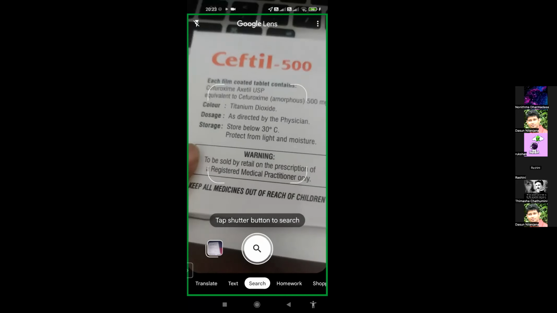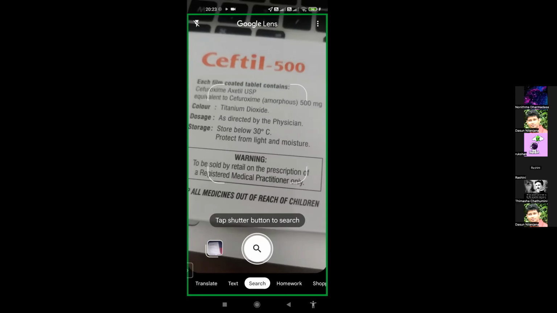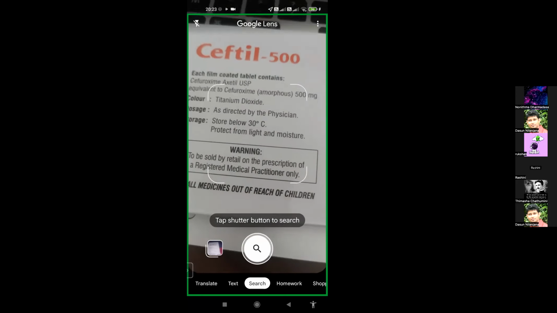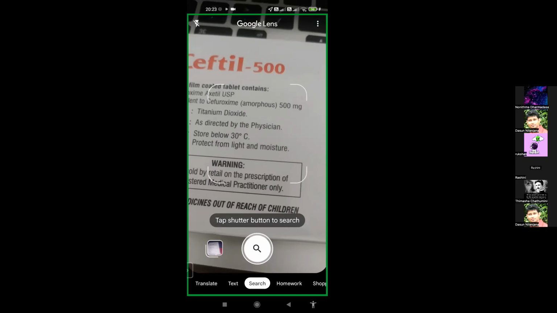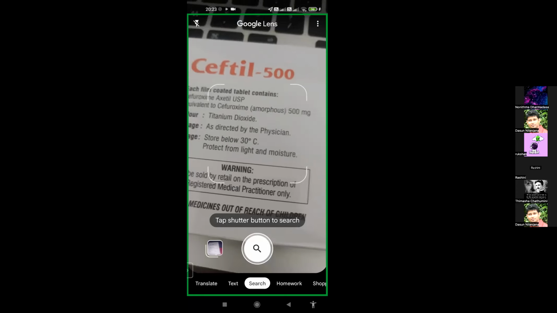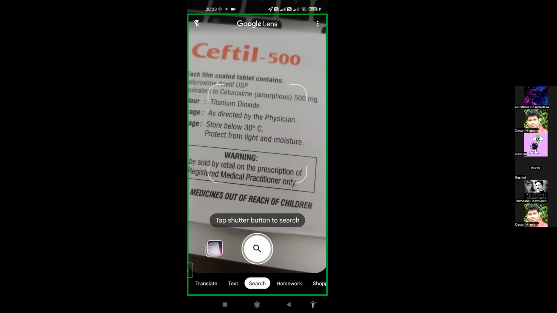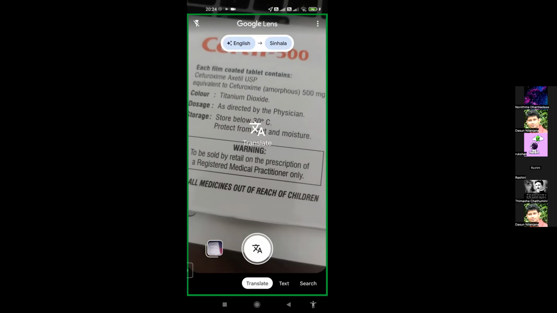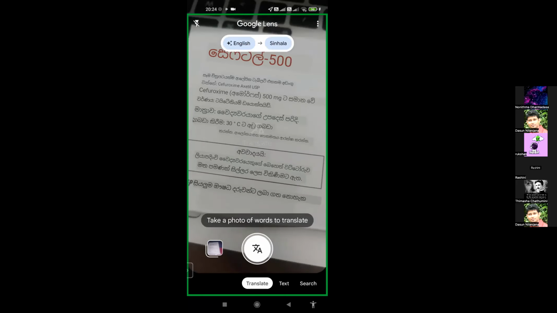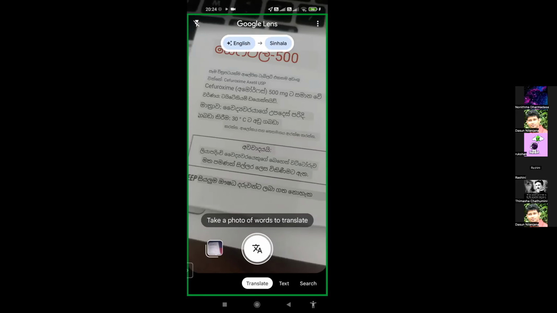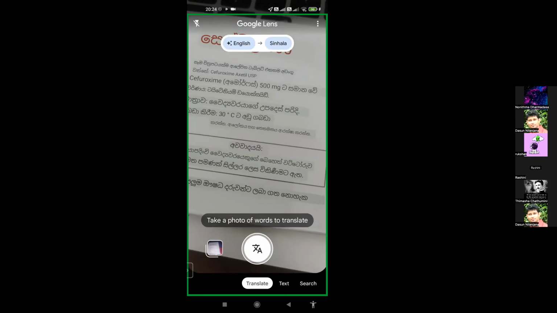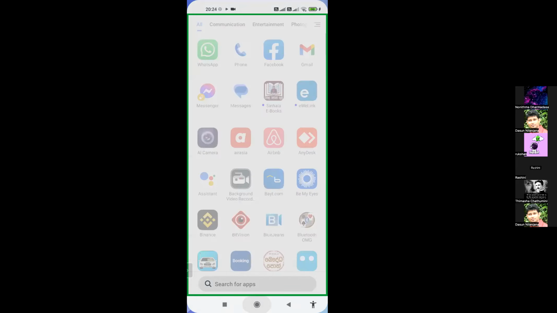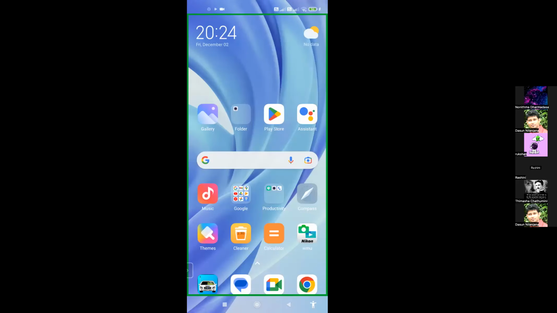Optical character recognition means it will recognize these printed letters. And after recognizing, it will do the translation part also. But translation is not a part of OCR. Not every OCR device needs to translate, but the translation happened because of the OCR feature.